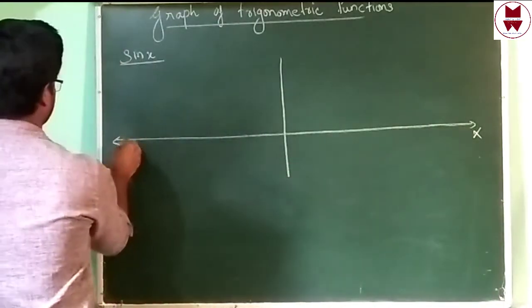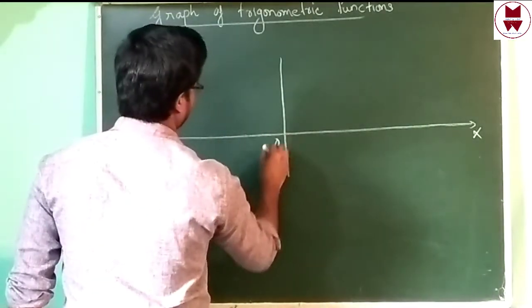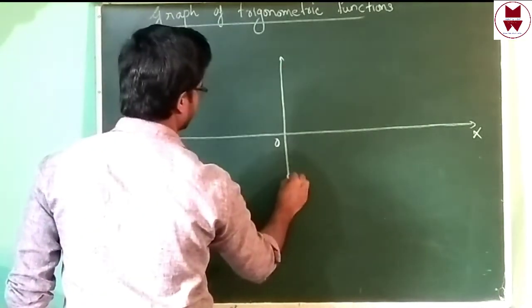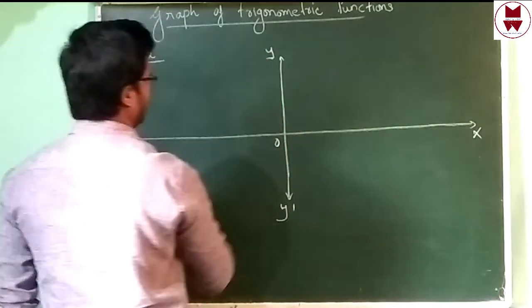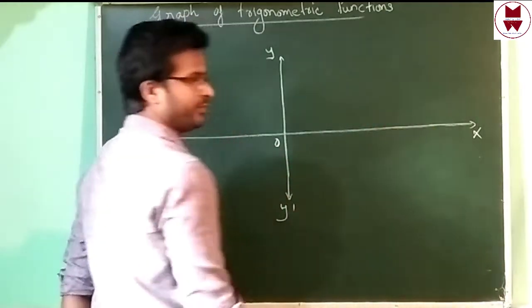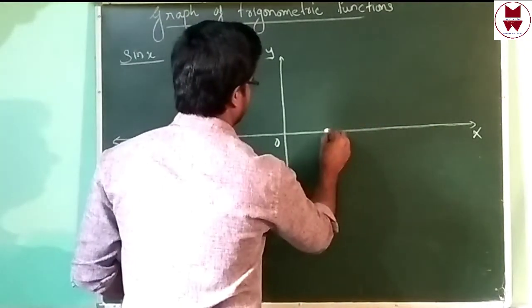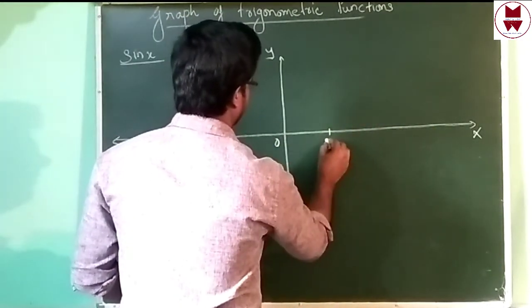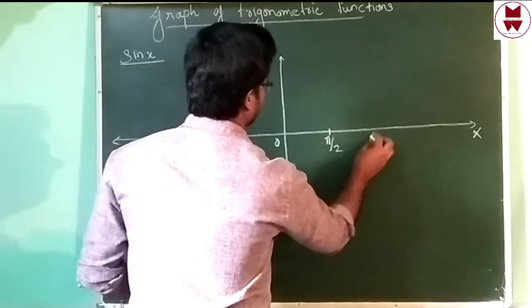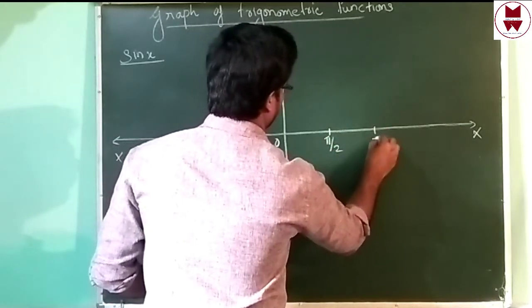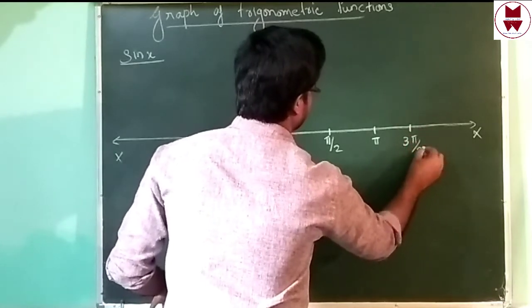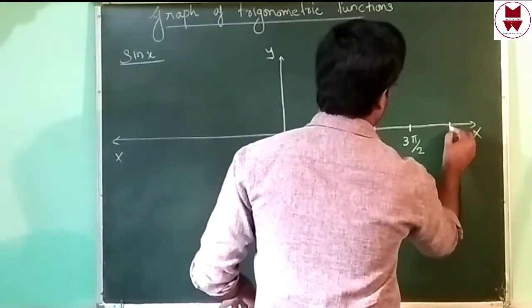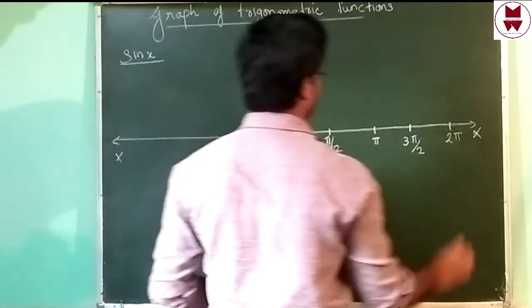X-axis. Then this is 0. Y dash y. On the X-axis we will write the angle. Here we write 0, 90 means pi by 2, 180 is pi, then 270 is 3 pi by 2, then 2 pi, that is 360.